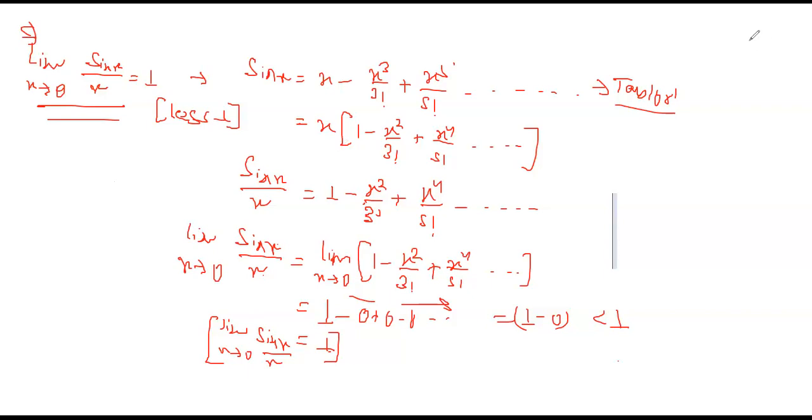Now I am giving one example. Limit x tends to 0, sin 7x by x. It will not equal 1, because here it is 7x. So in the denominator it must be 7x, then its value will be 1. What will you do?